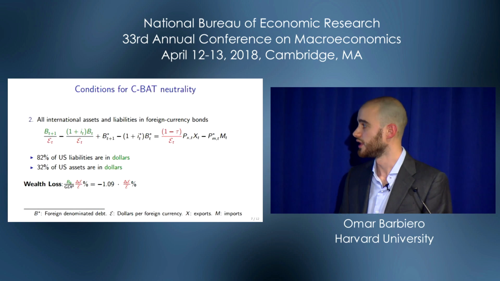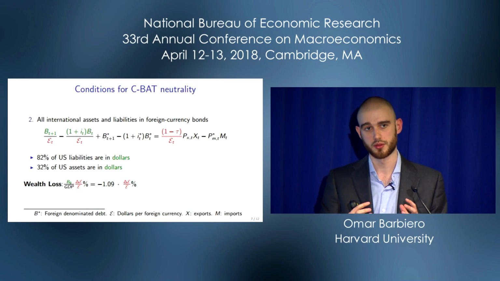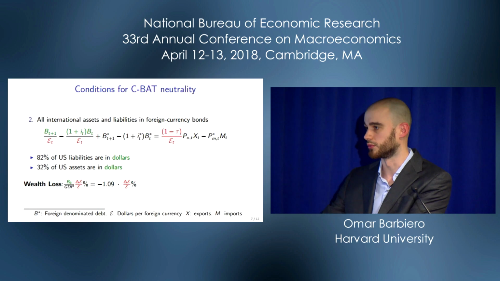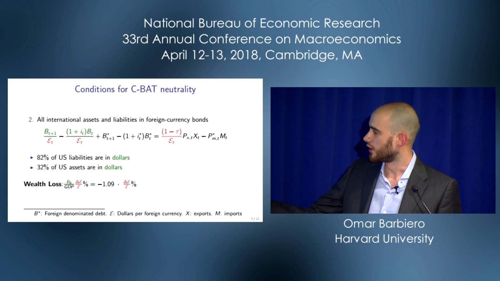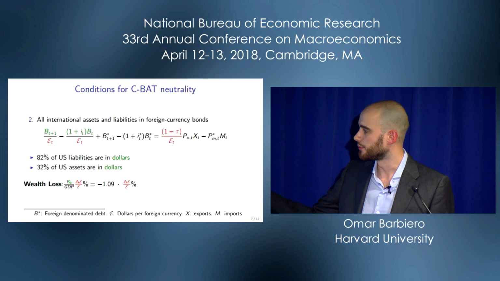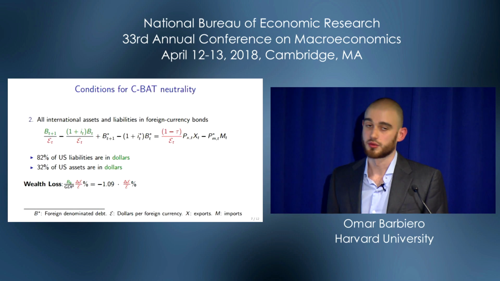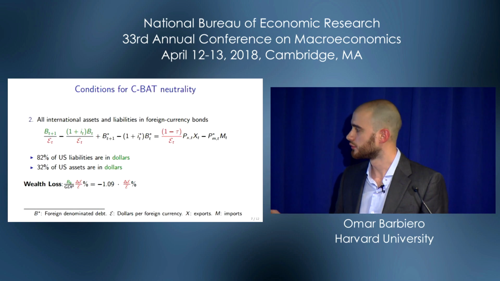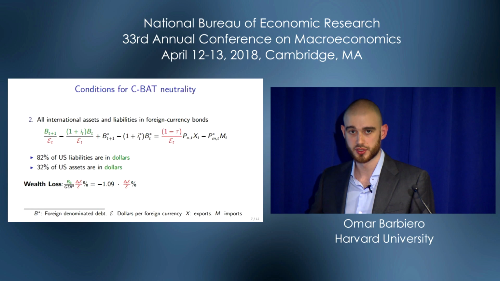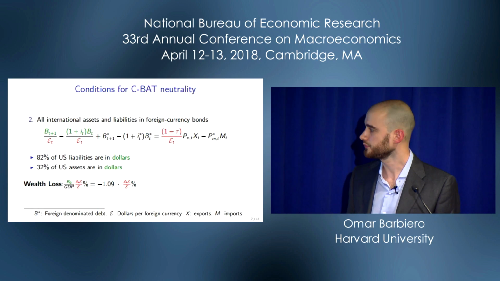This is equivalent to a transfer of wealth from the US to the rest of the world. That is, we calculate B equal to 1.09 multiplied by the amount of the appreciation in percentage points in general equilibrium. And we're going to be able to give you a number for this after the quantitative section.